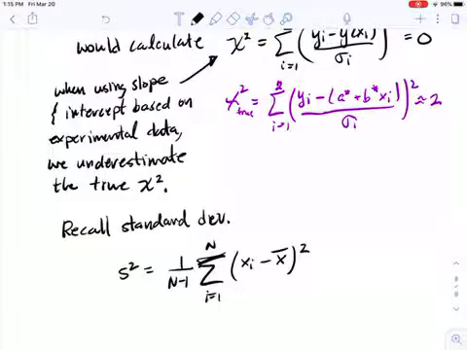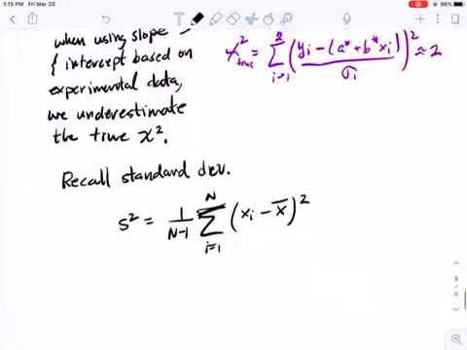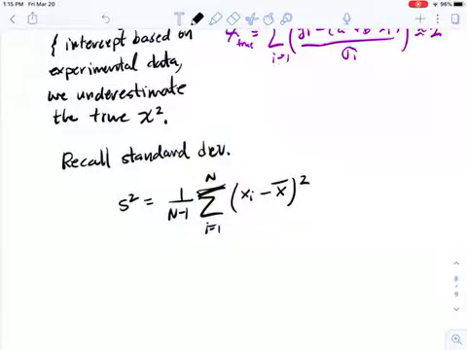And the reason that we had a 1 over n minus 1 instead of a 1 over n was because x average was calculated from the individual x_i measurements, and therefore that average value is artificially set to be close to the experimental data.